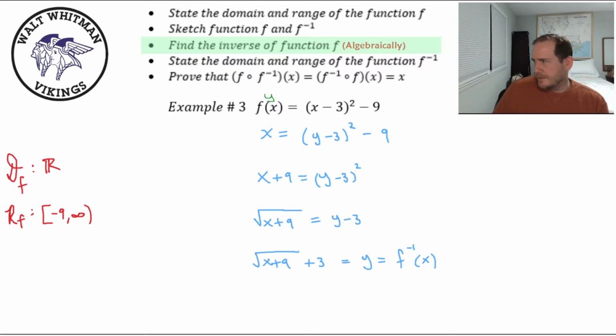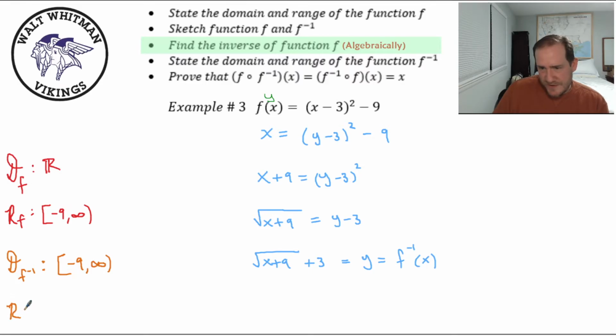Well, looking here, we're supposed to understand already that the domain of the inverse function should just be the range of the original function, which is -9 to infinity. And I feel good about that. That's correct, right? -9 to infinity, that jives with our radical function.